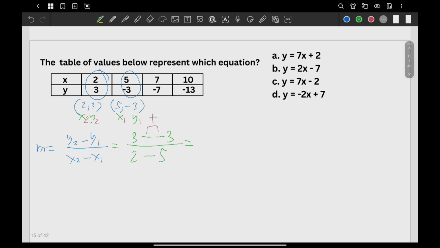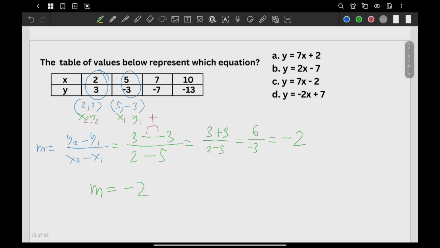So we have 3 plus 3 over 2 minus 5. 3 plus 3 is 6, and 2 minus 5 is negative 3. There's only one negative sign, so our answer should be negative. And 6 divided by 3 is 2. That's why our m, or the slope, is negative 2.